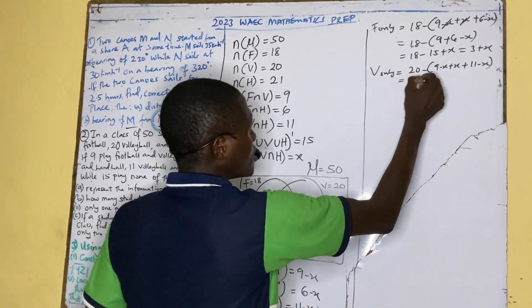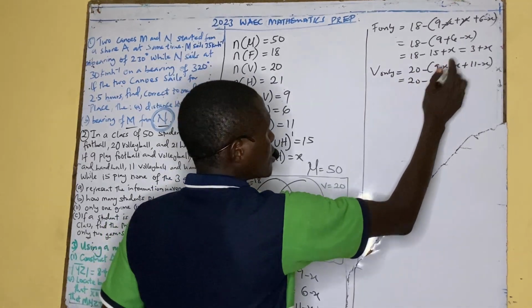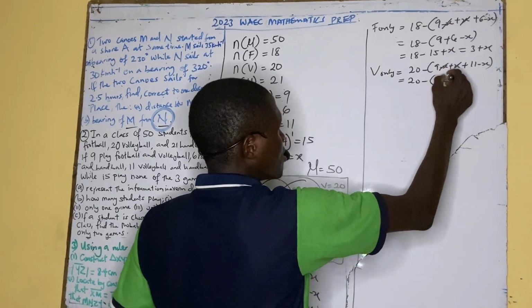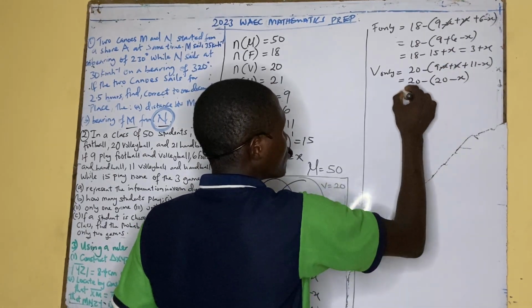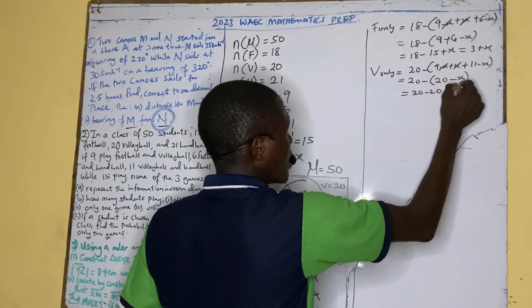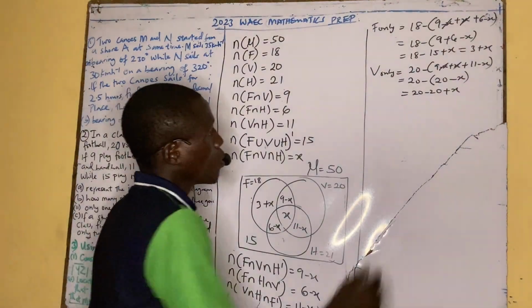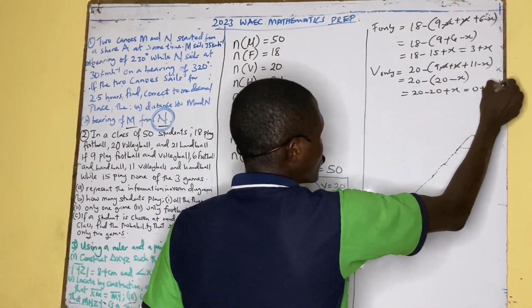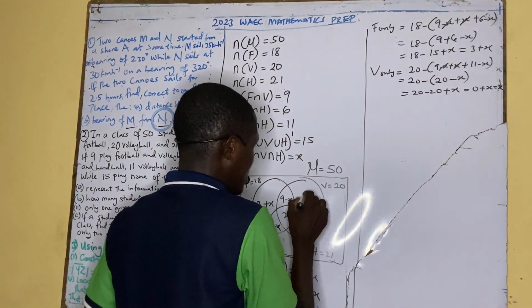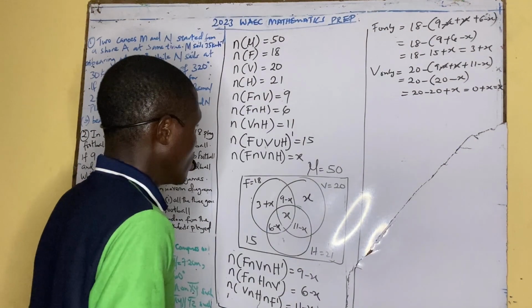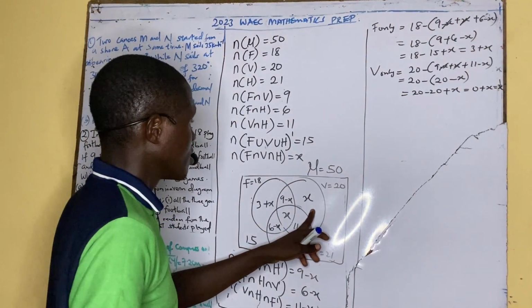So we have 20 minus open bracket, this one cancels out, 9 plus 11 is 20 itself minus X. So we have 20 minus 20 plus X, so we now have 0 plus X, which is equivalent to X. This place is the same thing as X.